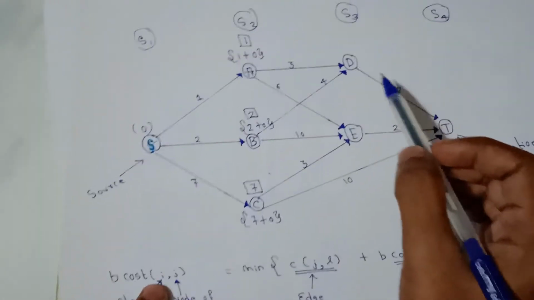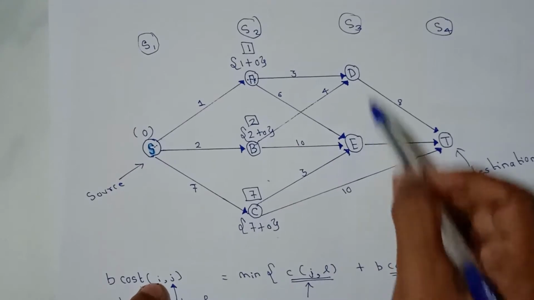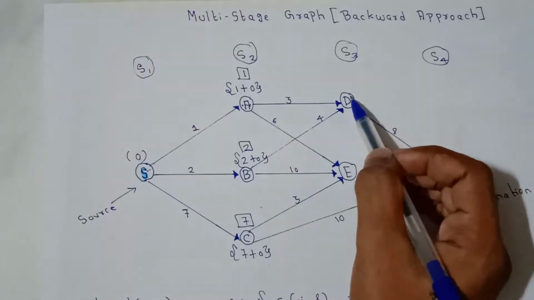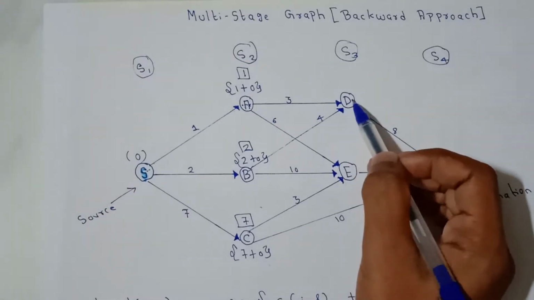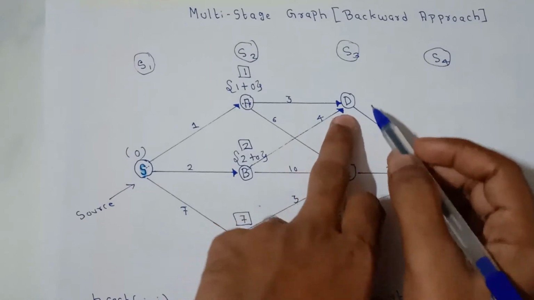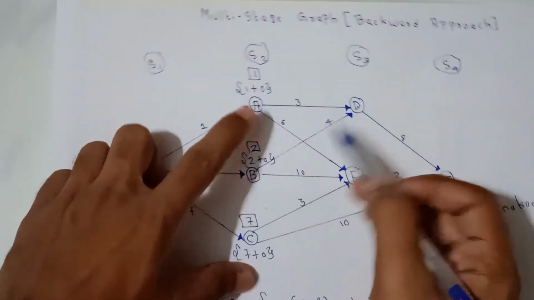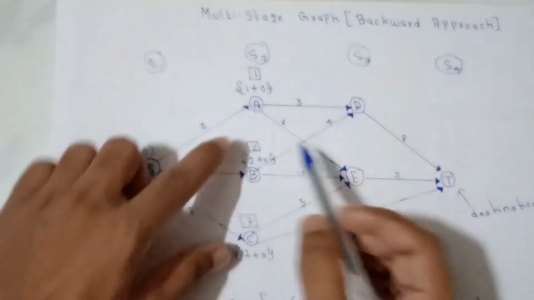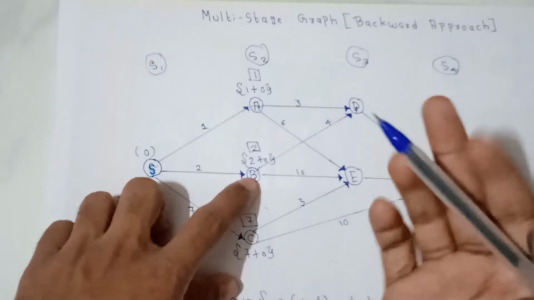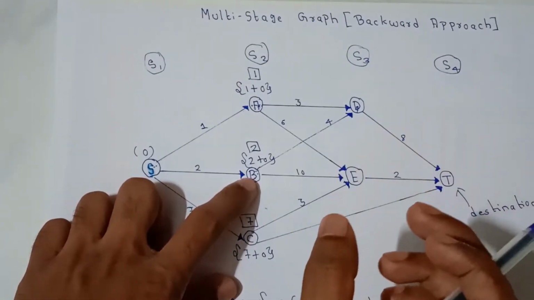In the same way we will calculate the cost of node D as well as node E present at stage 3, right? For reaching node D, which is present at stage 3, we have two paths, either from A to D or B to D. So there are two paths, and we have to calculate the minimum cost path.